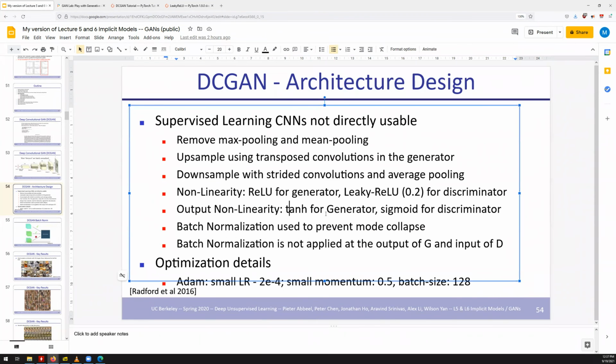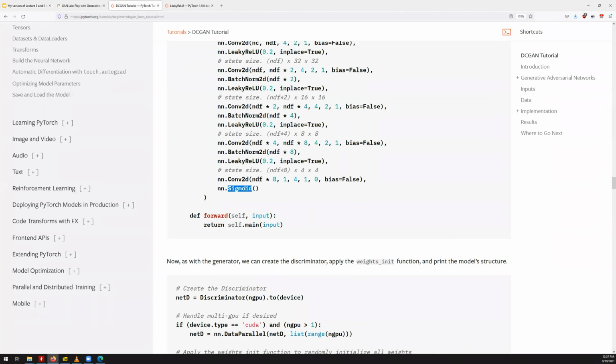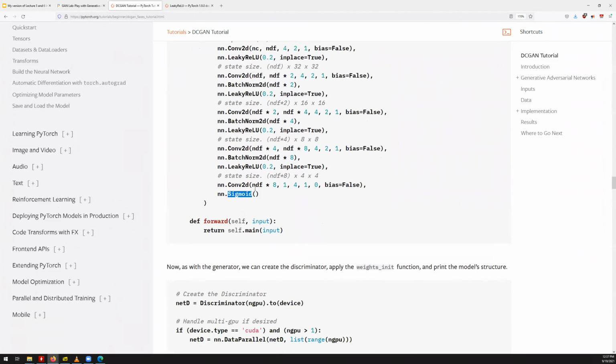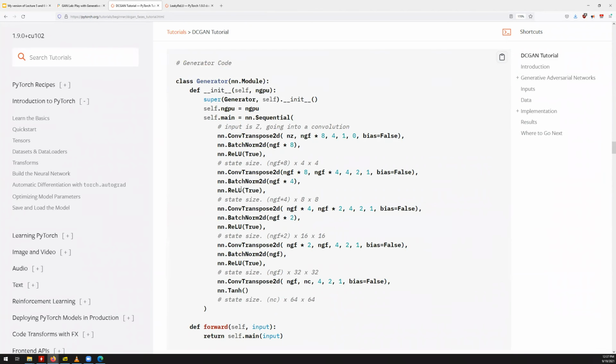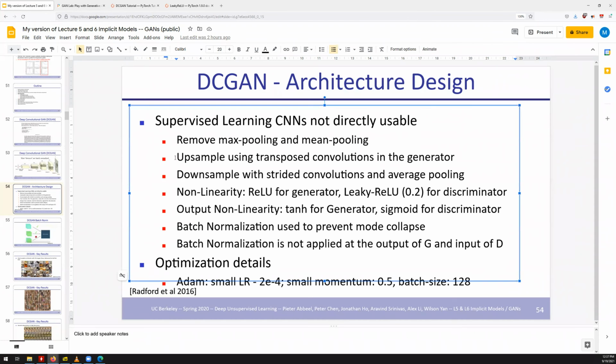And output nonlinearity: tanh for the generator and sigmoid for the discriminator. Let's go back here, and there's a sigmoid at the end of the discriminator, and for the generator, there's a tanh at the end. Okay, and batch normalization is used to prevent mode collapse.